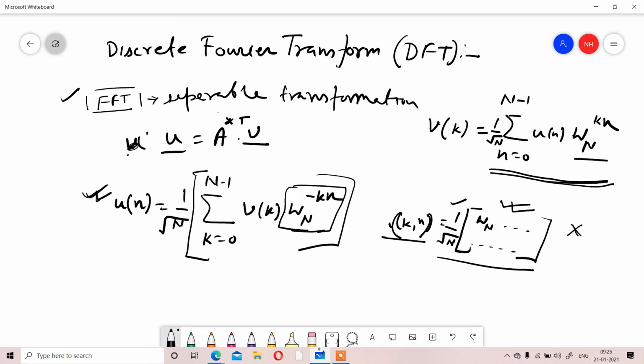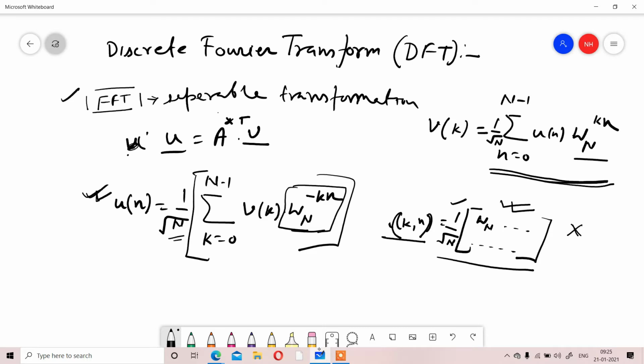But when I make W N K N unitary by multiplying by 1 by root n, then if you calculate u n from here, you will not get 1 by n, you will get 1 by root n.